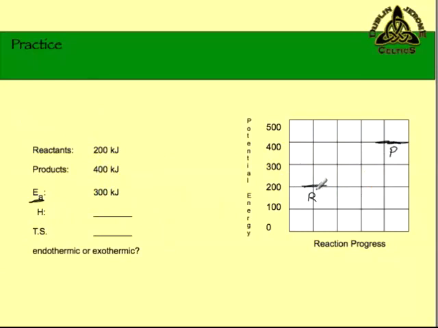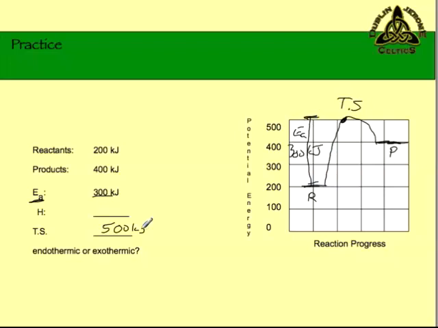So I'm at 200, I need to add 300 to get it to start. So 100, 200, 300. We'll put it here in the middle. That's the activation energy. From here to here is 300 kilojoules. That's the activation energy. Which means that the top here, the transition state, is at 500 kilojoules.